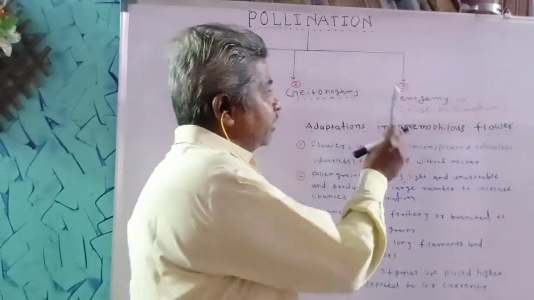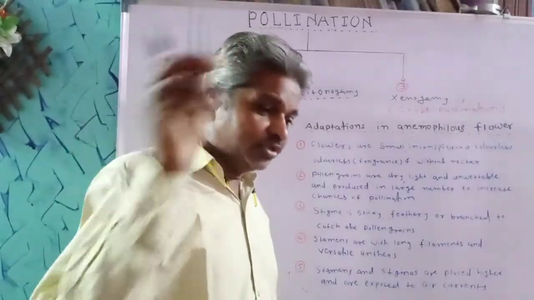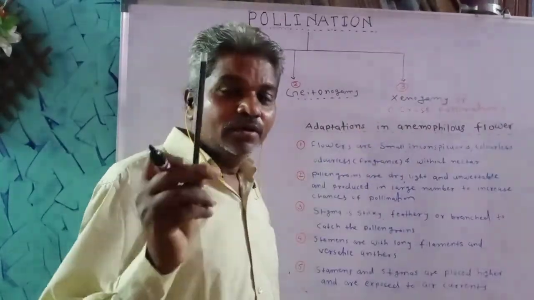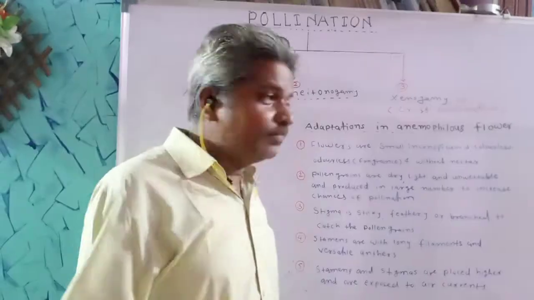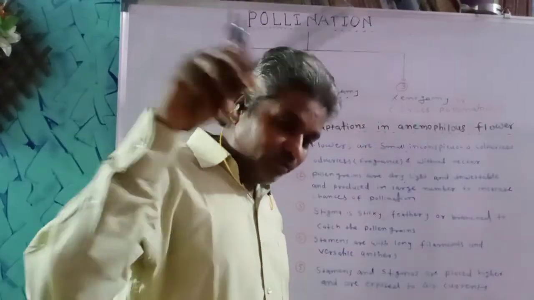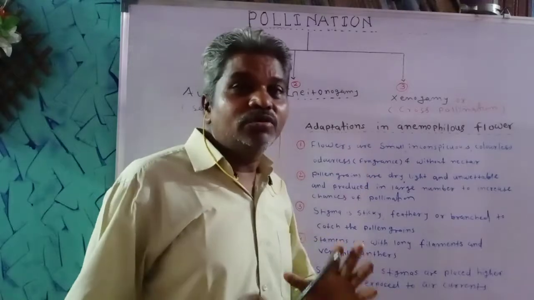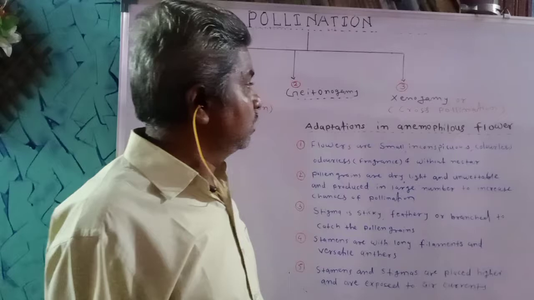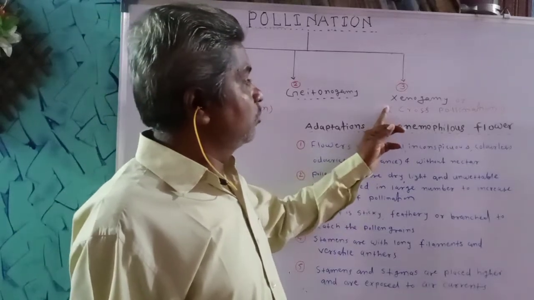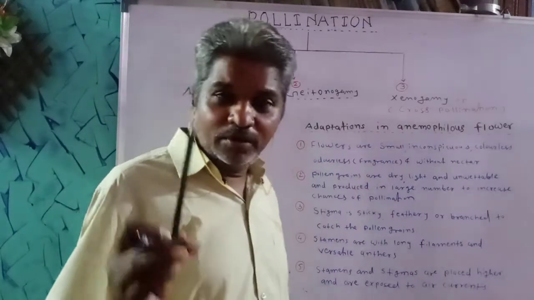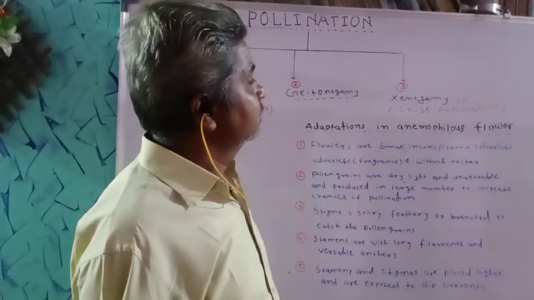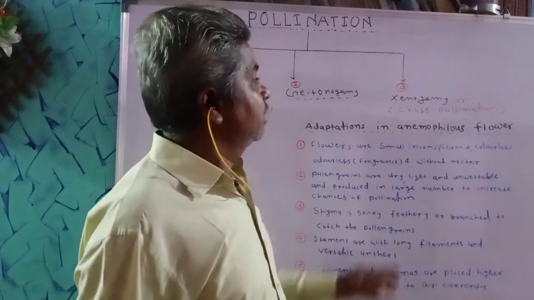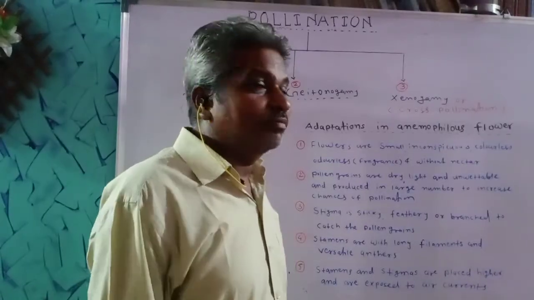The pollen grains belong to one plant and the stigma belongs to another plant.